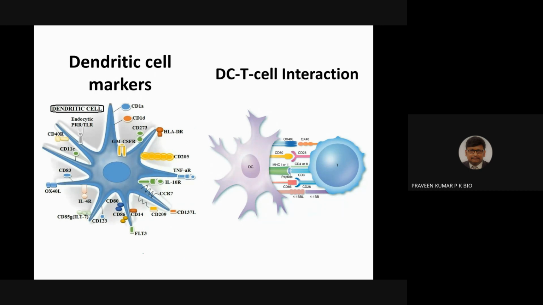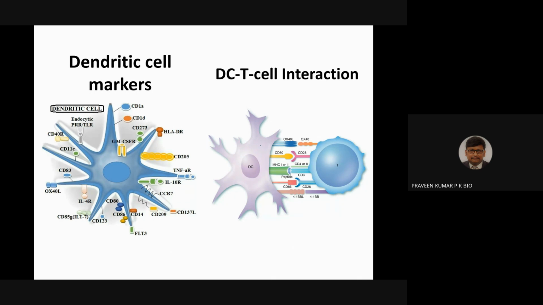An example of an APC is the dendritic cell, which activates the T cell through these kinds of receptor interactions. Not only does the T cell get activated, if you find an appropriate interaction between DC and T cell, even the DC gets activated.